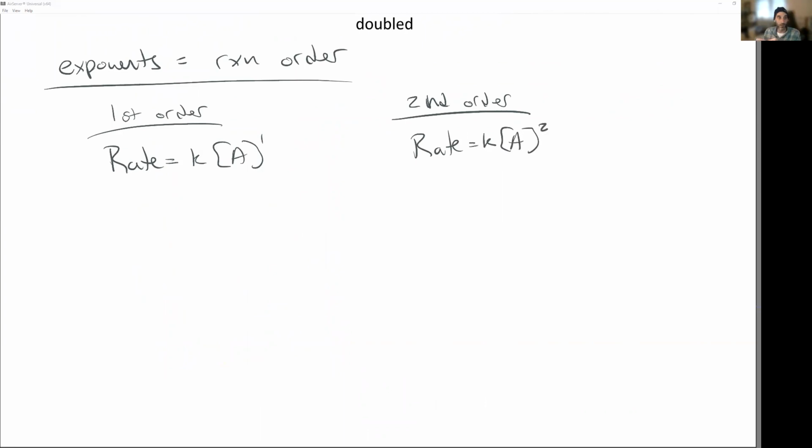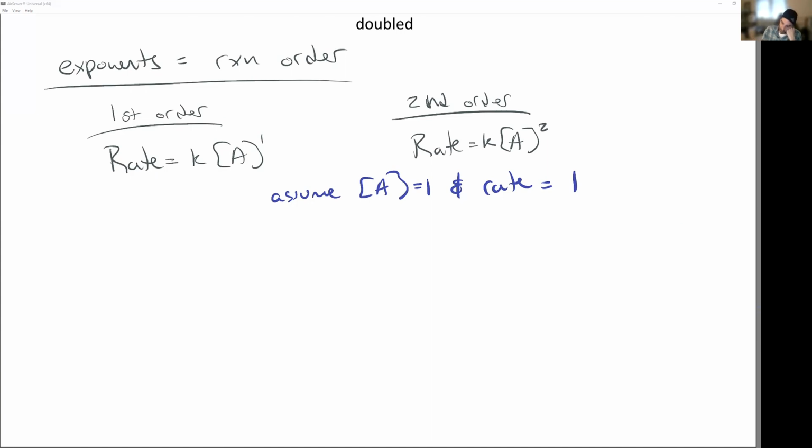So that is a second order reaction. Let's assume for all of these examples that the concentration of A is equal to 1 and rate is equal to some value 1. And by the way, we're going to ignore K for now. It will come into effect later.